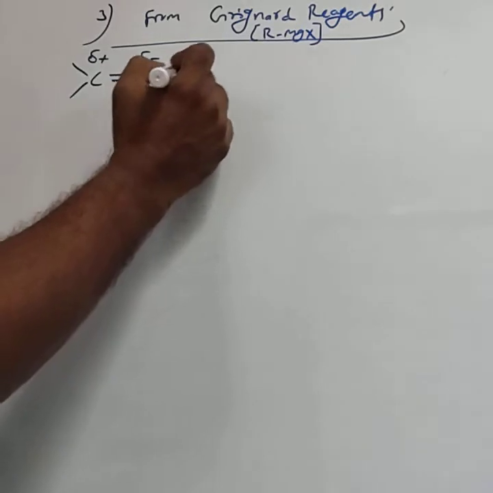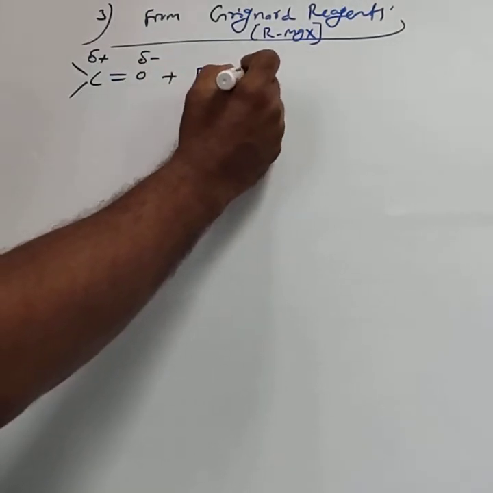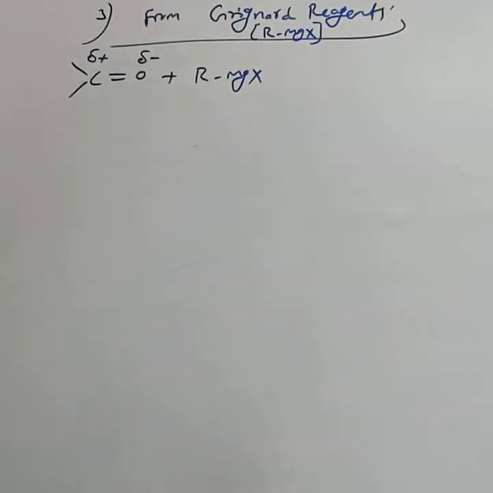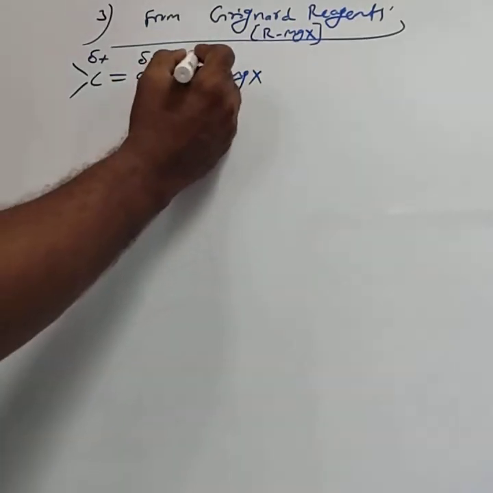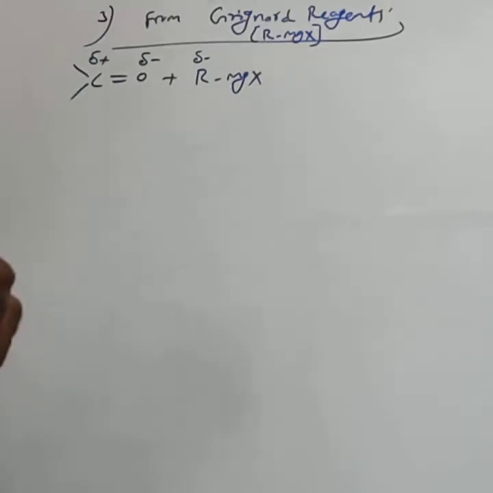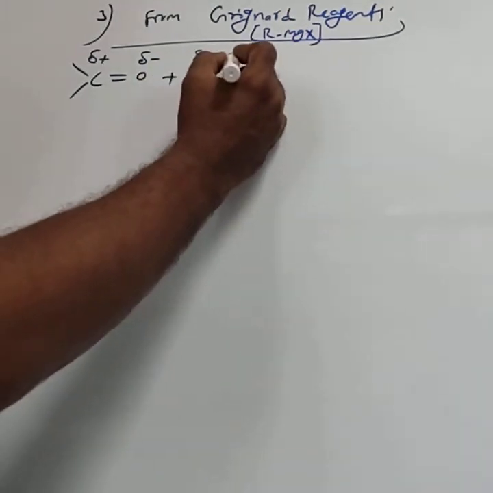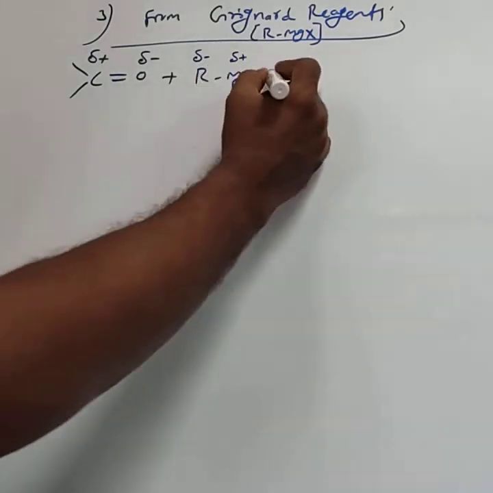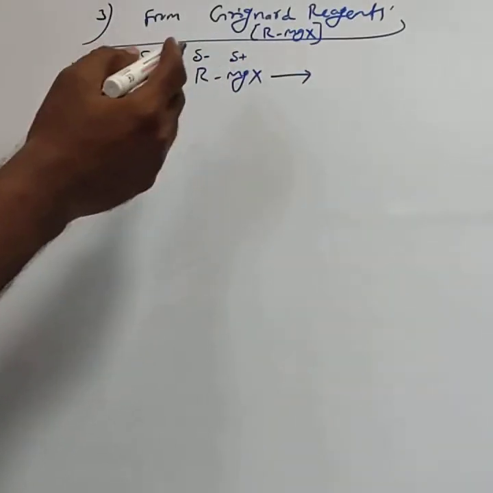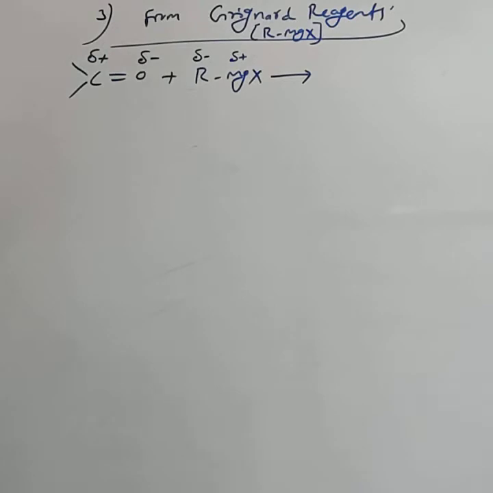Then the Grignard reagent RMgX: in RMgX, the R group is more electronegative, hence delta minus, and Mg carries the delta plus. If you know the charges, you can easily write the products.